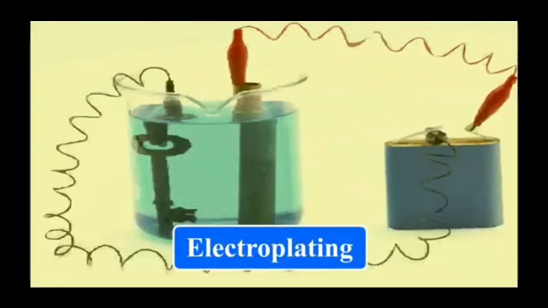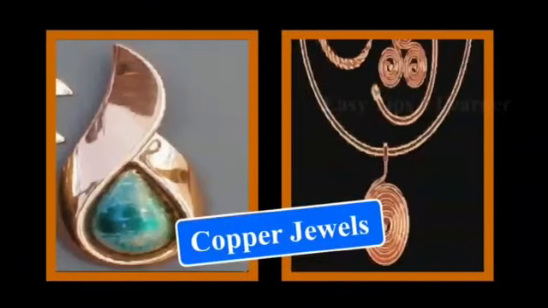So, electroplating is a process of depositing a layer of a metal on a metallic or a non-metallic electrode. It is alloyed, that is mixed with gold and silver for making coins and jewelry.